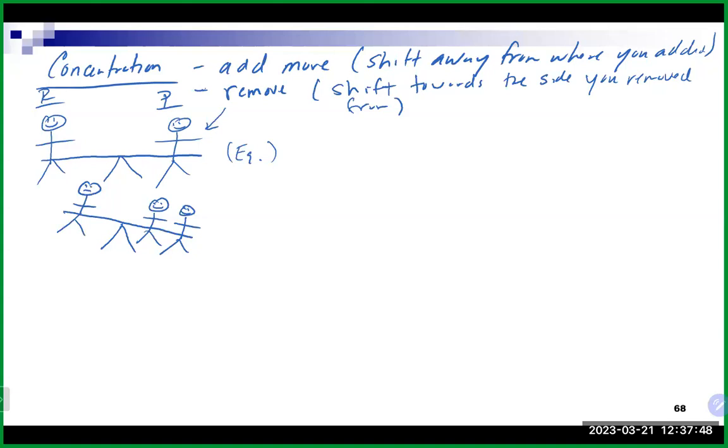So good in this case. We have clearly messed up the equilibrium, right? To fix the situation, do we need more people on the left-hand side or the right-hand side? Yeah, so we added people to the right. In this case, to fix it, we would need to shift away from the side that we added it to. And once again here, we will now return back to equilibrium.